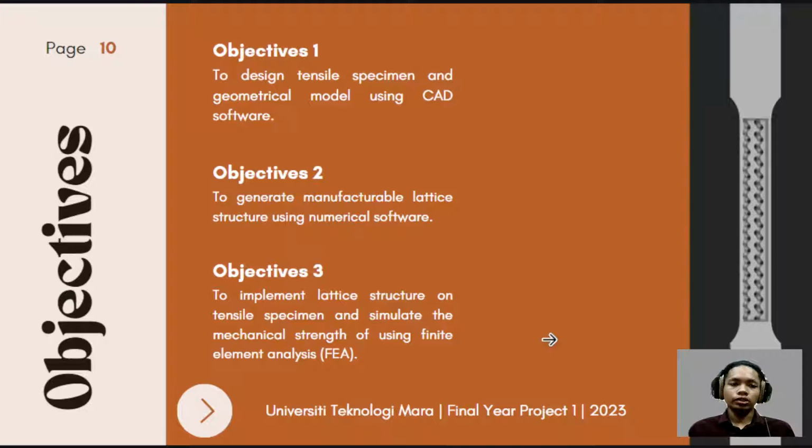My objectives for this FYP are to design the tensile specimen and geometrical model using CAD software, to generate manufacturable lattice structure using numerical software, and lastly, to implement lattice structure on the tensile specimen and simulate the mechanical strengths using finite element analysis.